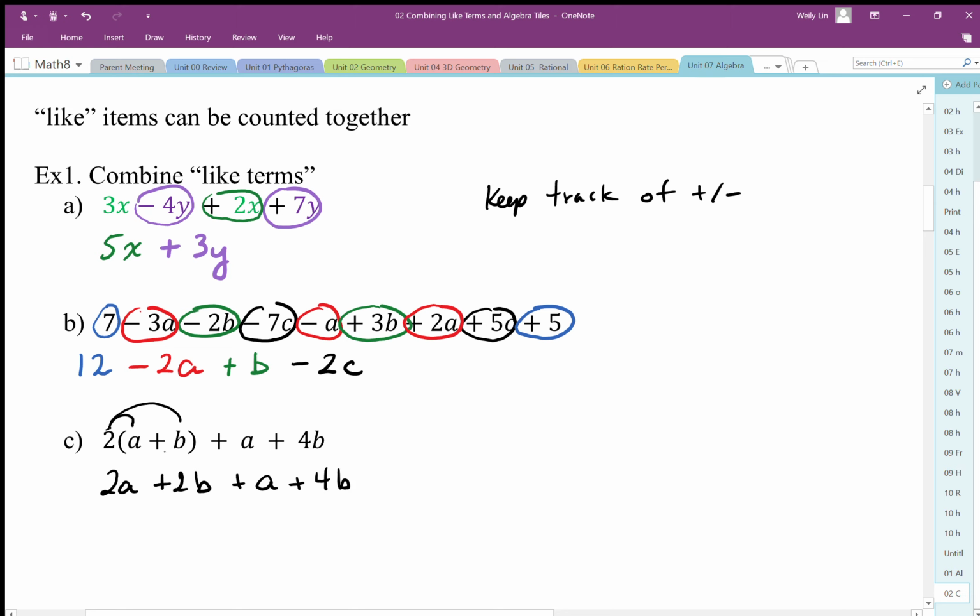I just don't do the calculation part. I have to make sure I keep track of everything in that line. Once I've done that, I'm going to then combine my like terms. I have A's, a plus A here. That means I have positive 3 A's. And then I have my B's. I have a plus 2 and a plus 4. That gives me a net of plus 6 B's.